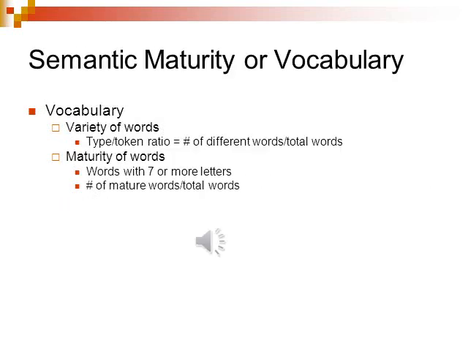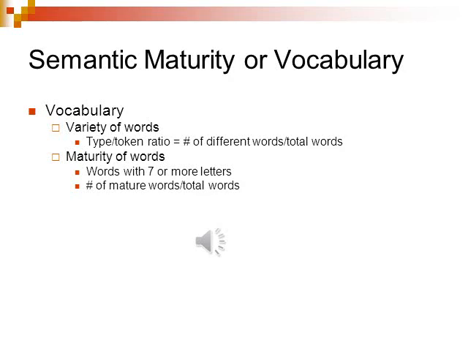When we look at semantic maturity, we're looking at vocabulary use. So one way to assess that would be to examine the type-token ratio. So we'd count up the number of different words used in a writing sample and divide that by the total words written to get an idea of that variety. How many different words are they using in a sample, or are they just repeating the same words over and over again?